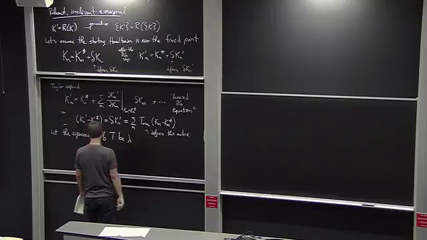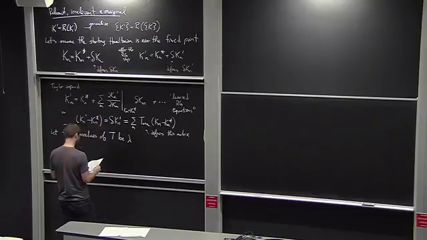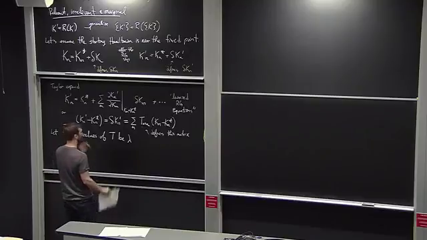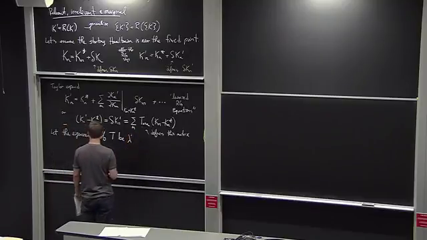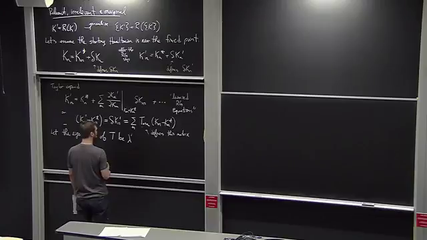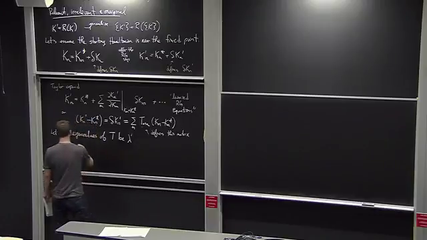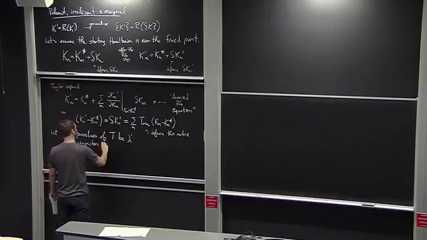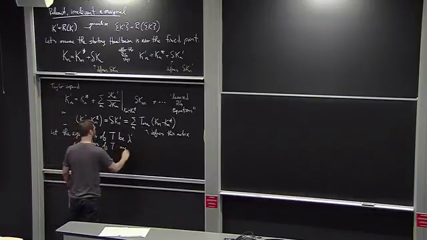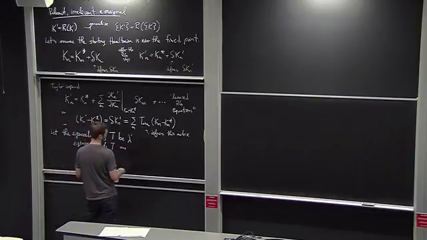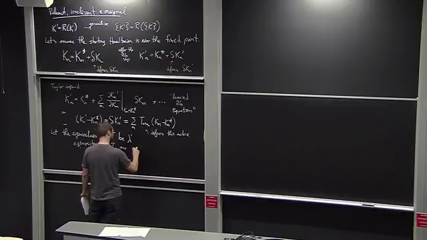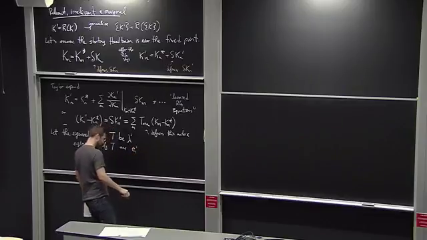Let me label them with a subscript or a superscript. Well, my M's are already subscripts, so I'll use a superscript here. So lambda is the eigenvalues and the eigenvectors. I'll call them, I guess, eigenvector.